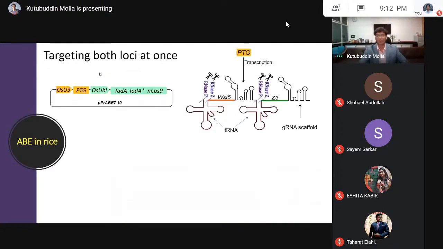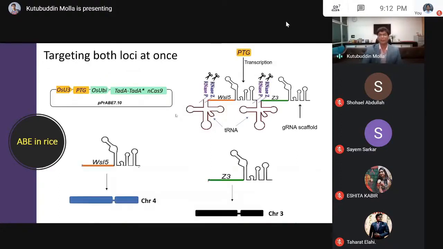So I just want to go through this very quickly. We multiplexed this experiment with an advanced system developed in our lab, called PTG, polycistronic tRNA and guide RNA. This is the 20 base pair guide for WSL5, and this is the scaffold, and then another tRNA, and this is the 20 base pair guide for Z3, with the same scaffold.